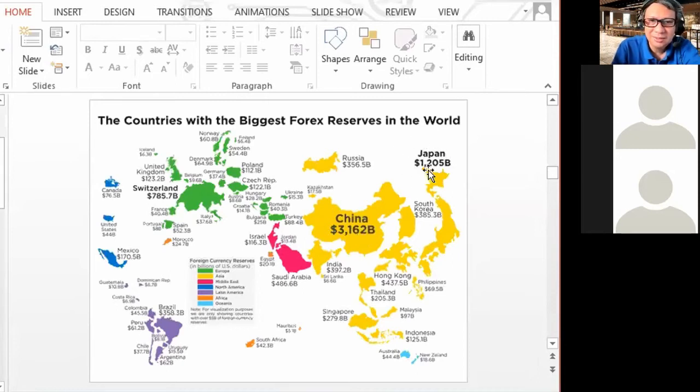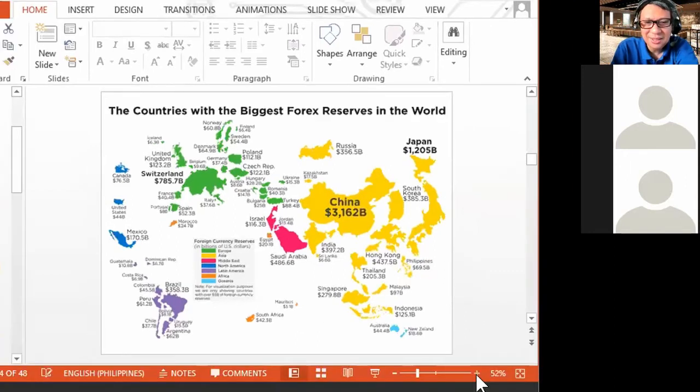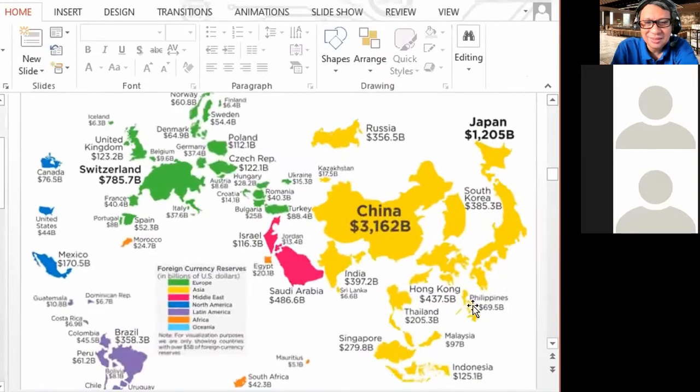Kay Japan, 1 trillion. And then Switzerland, 785 billion. Philippines. Ayun, 69 billion. Di ba? 69 billion.